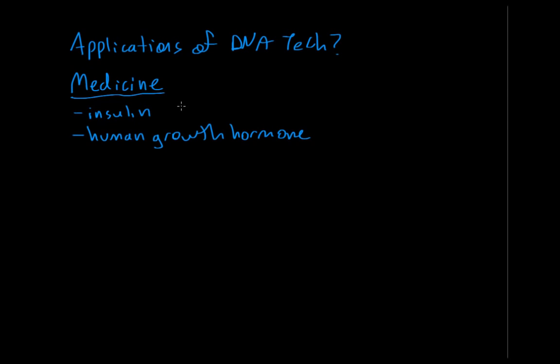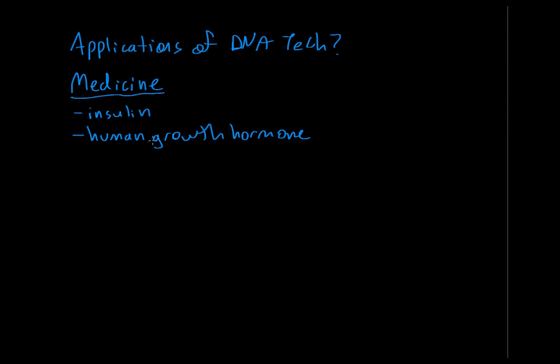You basically had to isolate it from another human and purify it and then give it to patients. But with recombinant DNA technology, you can grow and culture these proteins in E. coli bacteria. So this really has changed the way that medicine is practiced, and it's really helped a whole bunch of people.